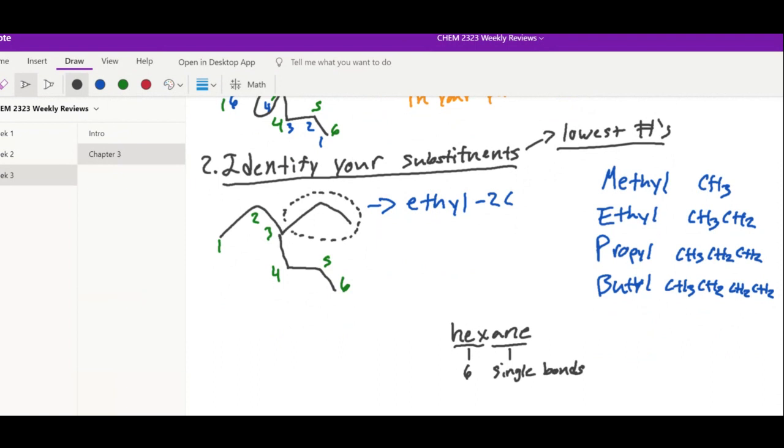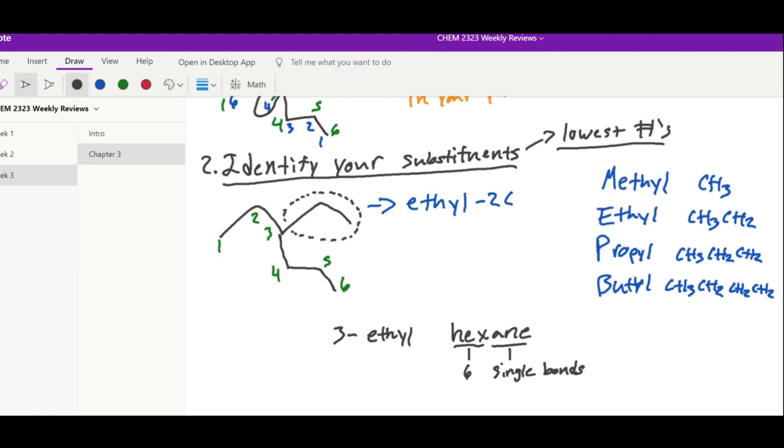Okay? So besides our parent chain, we have one substituent that we also have to name. So the first step is to look at the number the substituent is on, which is 3. So we put the number, we put the dash, and we put what the substituent is called, and it's called ethyl.